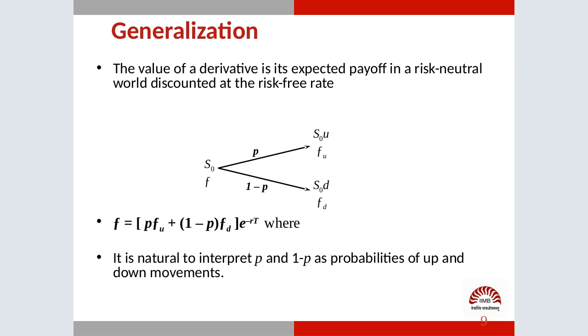What is the expected value at T? You all should be able to tell me this. What should be the expected value at T? This is basically basic statistics that you have done earlier.